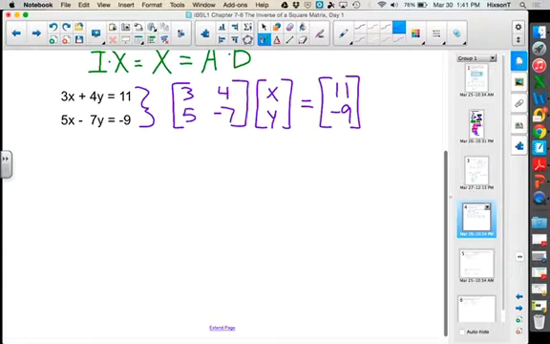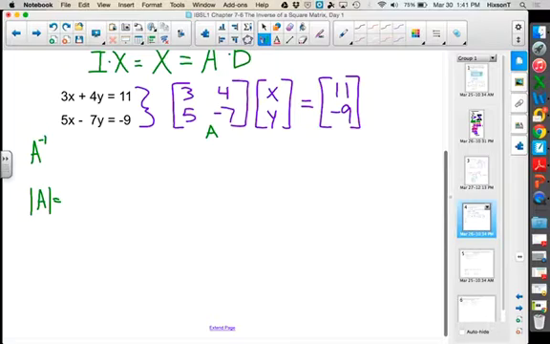So what we need to do is find the inverse of 3, 4, 5, negative 7 and multiply both sides by that value. Should we use the determinant? Yes, let's go ahead. I'm going to call that A because we want to get A inverse. First of all, the determinant of A is what?